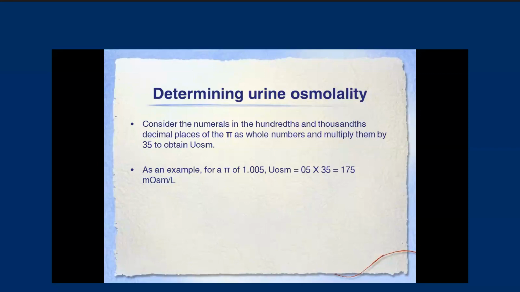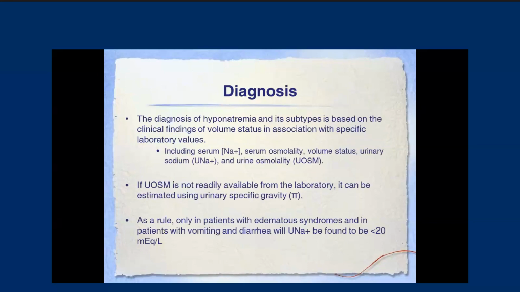That means if the last two decimals are 1 and 0, that is 10 times 35, then the urinary osmolality is greater than 350 milliosmoles per liter.